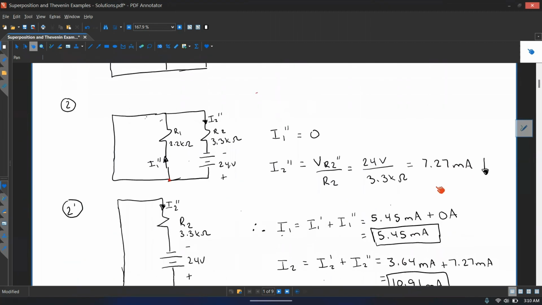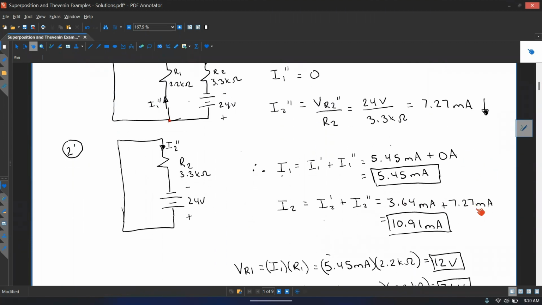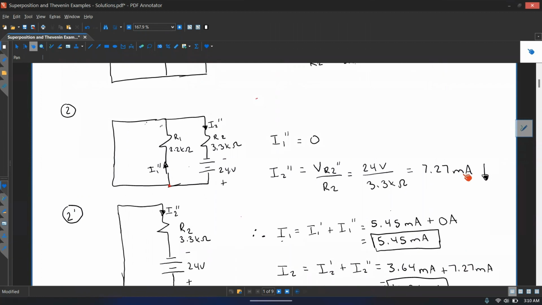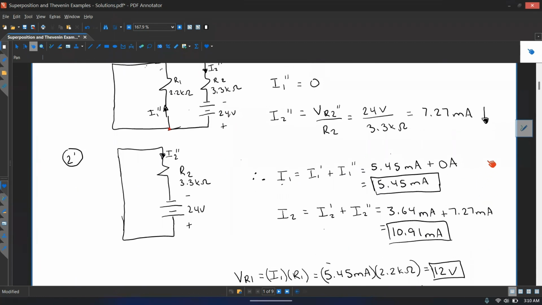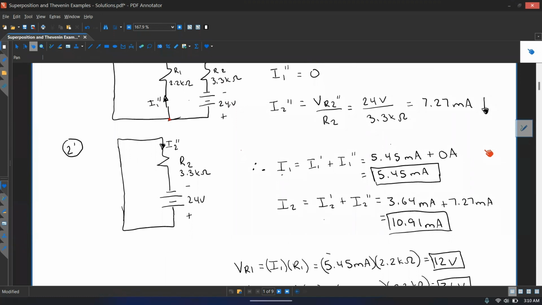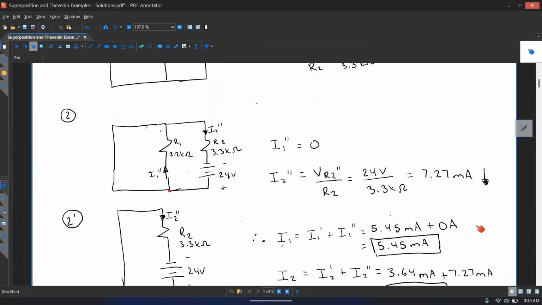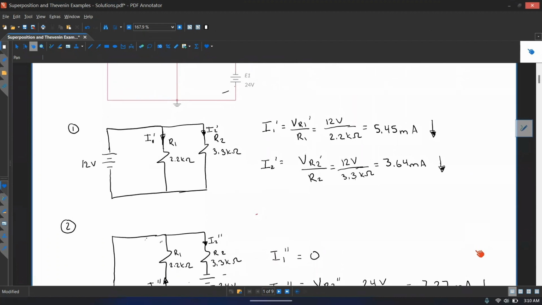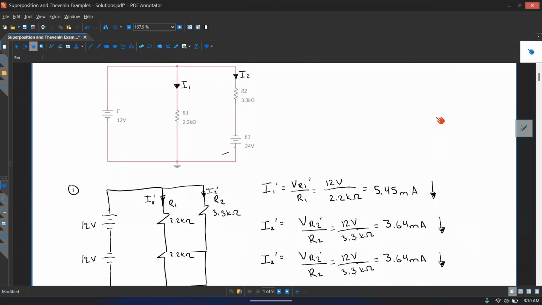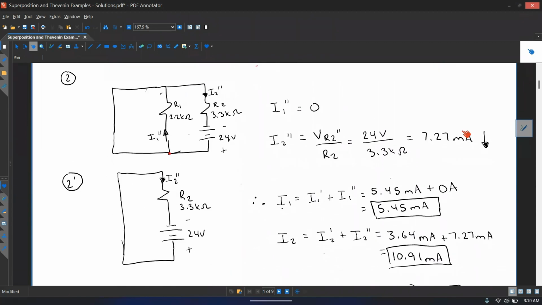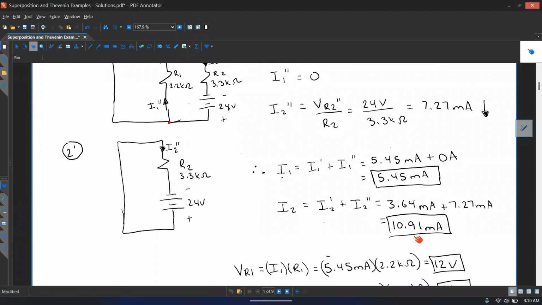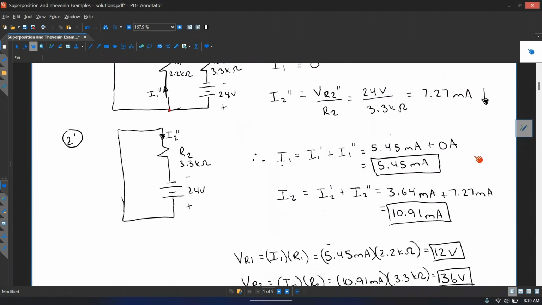And I2 double prime is 7.27 milliamps, and it's also flowing down. So we can just add those two together. If one of these currents we calculated was flowing in the opposite direction, then we would subtract. So therefore, I1 equals 5.45 milliamps. I2 equals 10.91 milliamps.